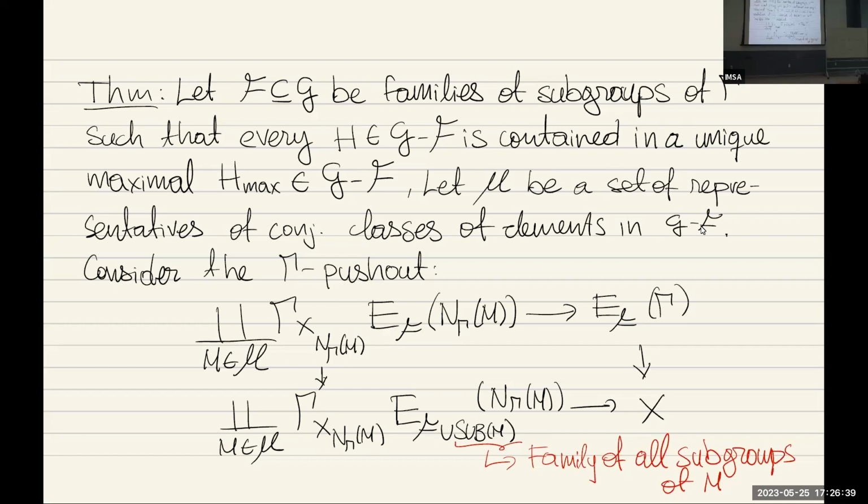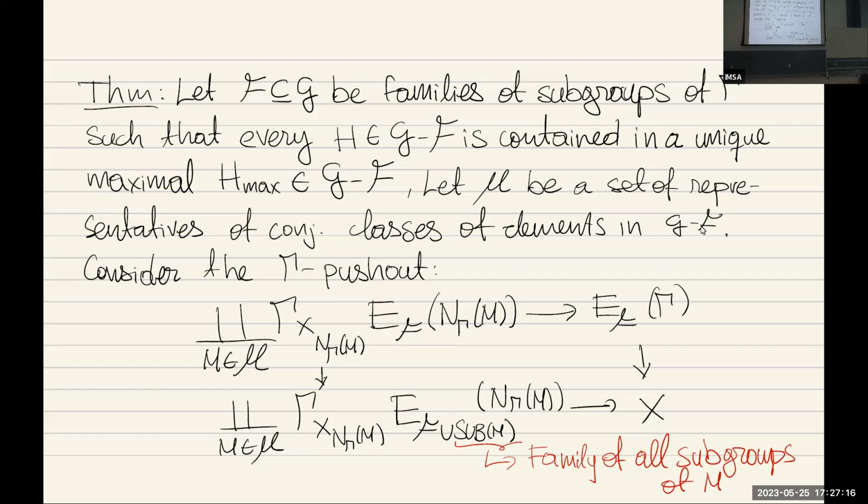Let F and G be two families of subgroups such that F is contained in G, and every element in the difference is contained in a unique maximal one. This is something like the M property, but it's an M property with respect to these two families.